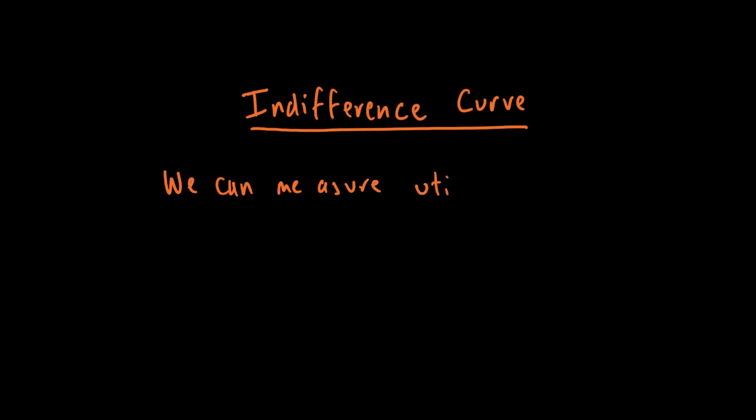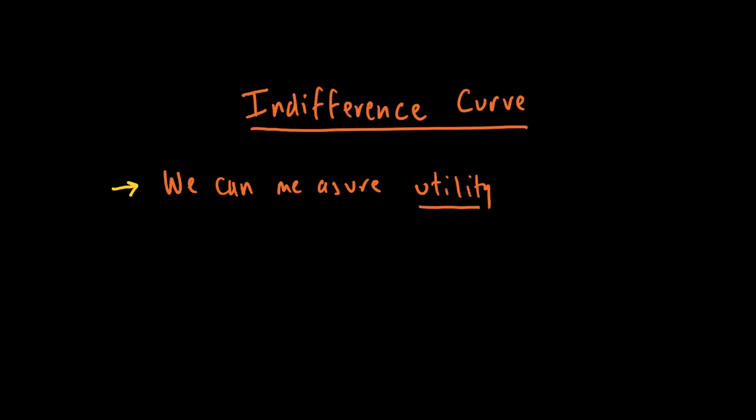Now, in reality, this is not true. In reality, we cannot measure utility, and that becomes a big challenge when it comes to the equimarginal principle. So, we need to find a theory which is more realistic in terms of looking at consumer choice, and that's where indifference curve comes in.